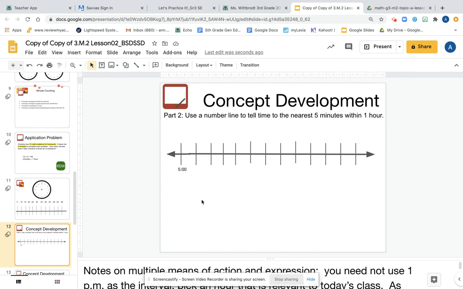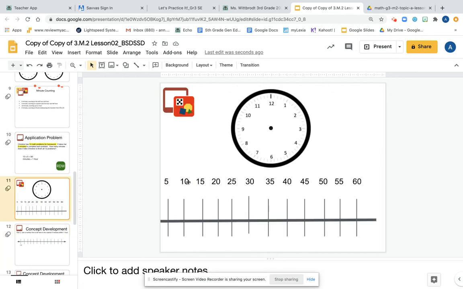Okay, so now that you have that number line drawn, if I were talking about 3 o'clock, 3 o'clock would be right here, before the 5 at the 0.